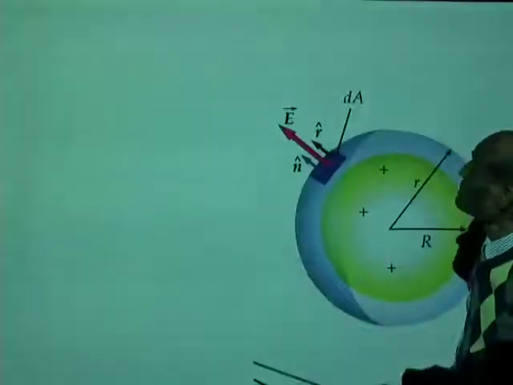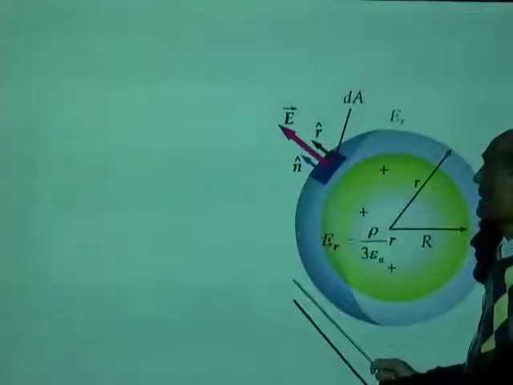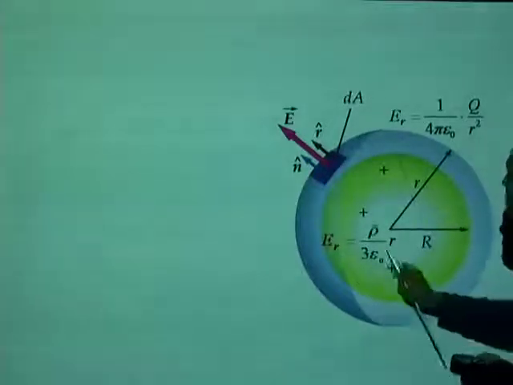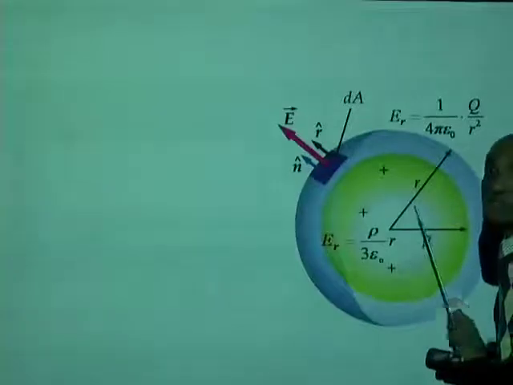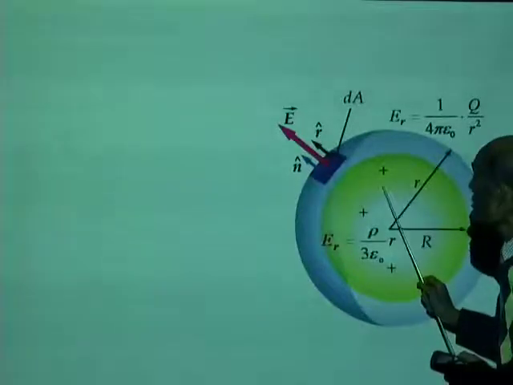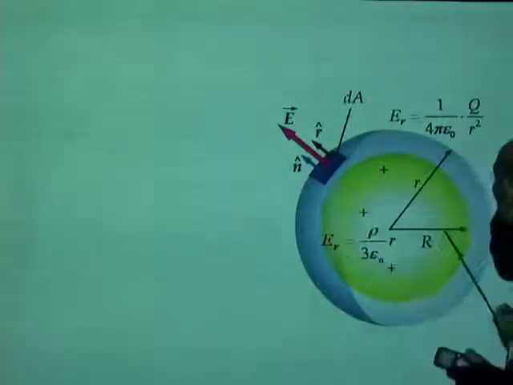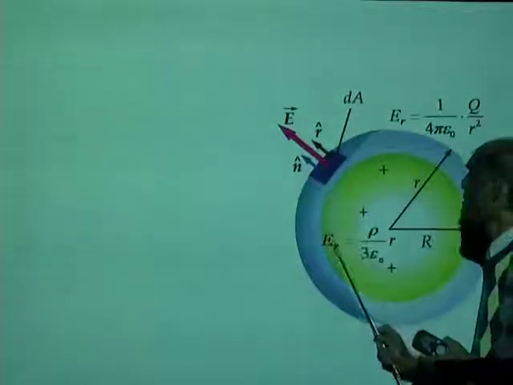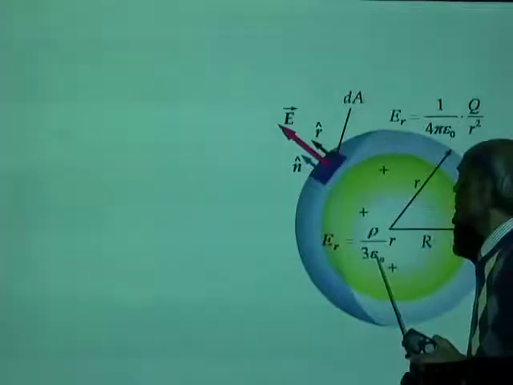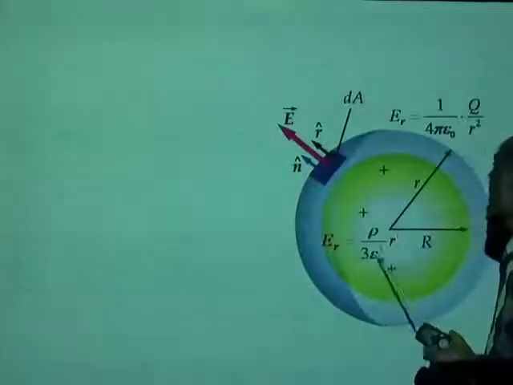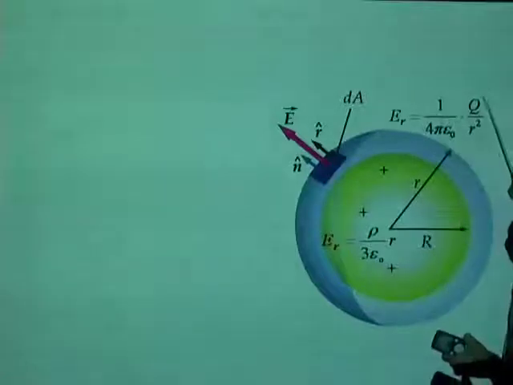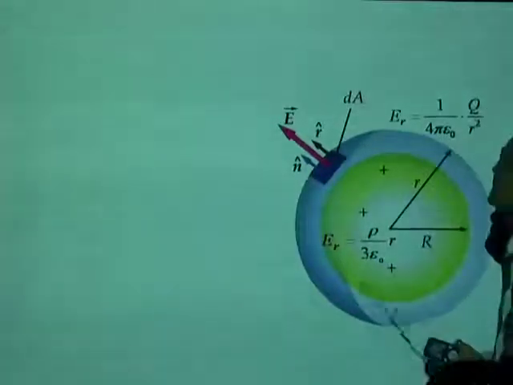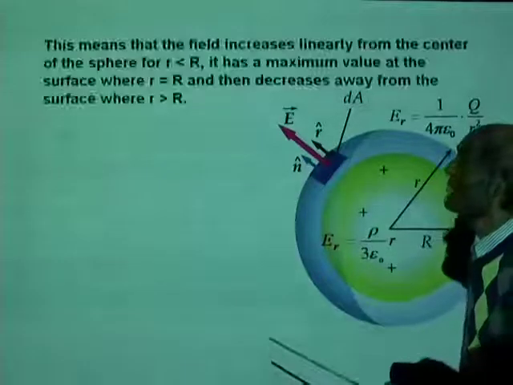Alright, let's draw a graph representing that. The electric field at any point inside the spherical charged object. Now the yellow is the spherical charged object. At any point inside, the electric field is rho over 3 epsilon naught times r, and at any point outside it is 1 over 4 pi epsilon naught times Q over r squared.